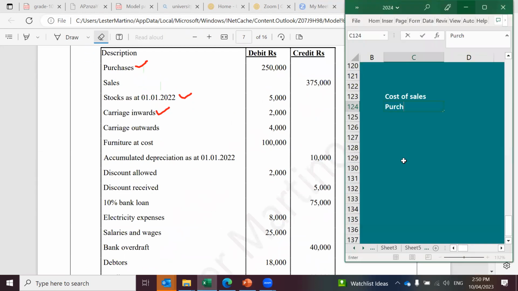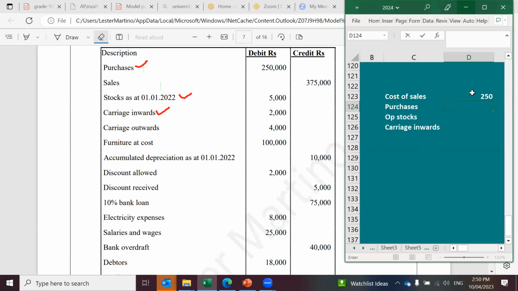Purchases, just write it down. Opening stocks. This is the MCQ. Carriage inwards. So purchases 250. No need to put thousands. All use thousands, only write them without the zeros. Purchases are 250. Opening stock 5.